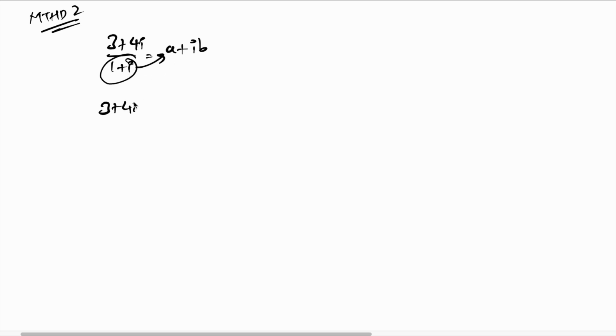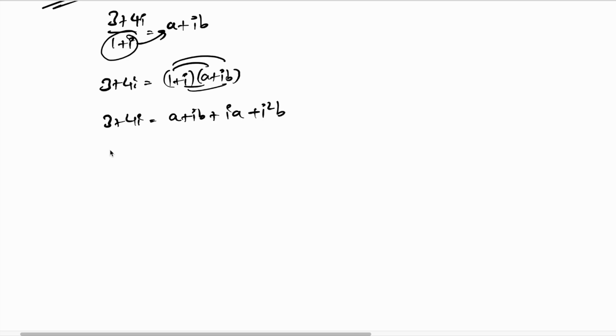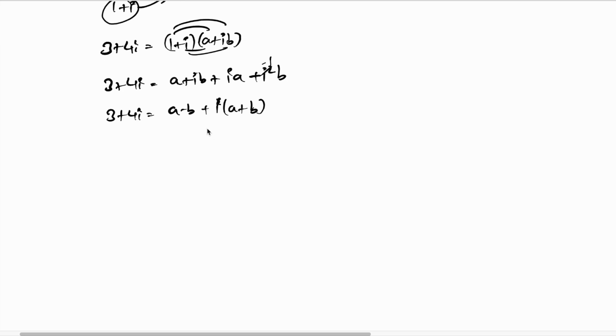So I get 3 plus 4i equals (1 plus i) into (a plus ib). Expand it, which gives me a plus ib plus ia plus i squared b. So 3 plus 4i is equal to, since i squared is minus 1, a minus b plus i times (a plus b). So now I get an equality in terms of two complex numbers.